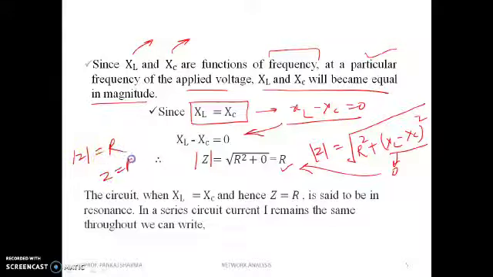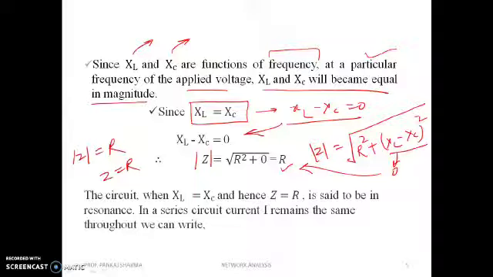Z becomes R, the total impedance offered by the RLC series connected circuit at this point when XL is equal to XC, when the inductive reactance offered by the inductor is equal to the capacitive reactance offered by the capacitor.